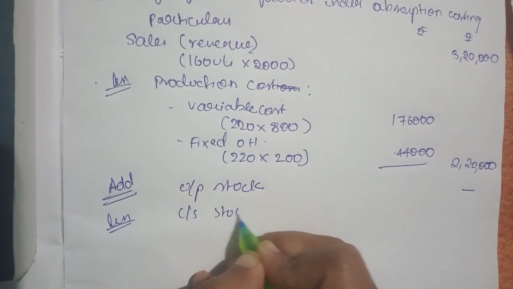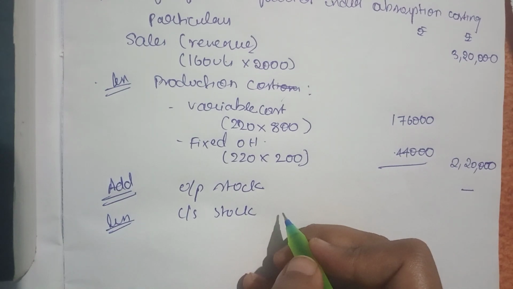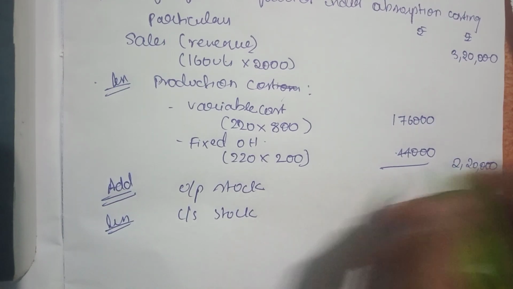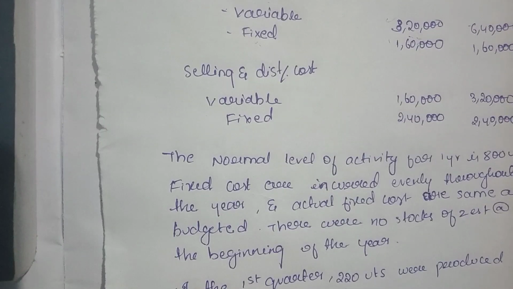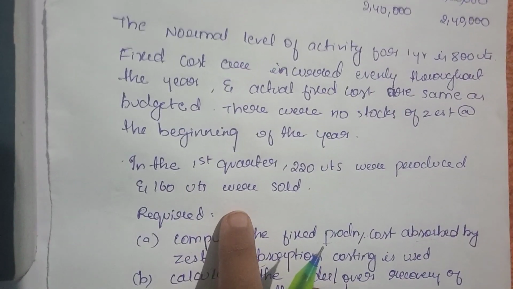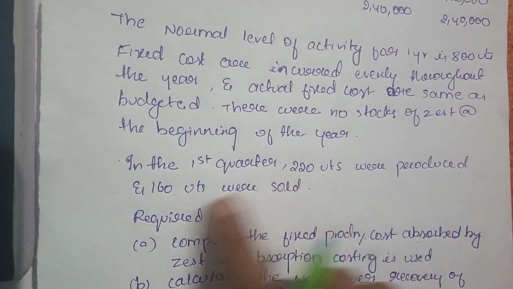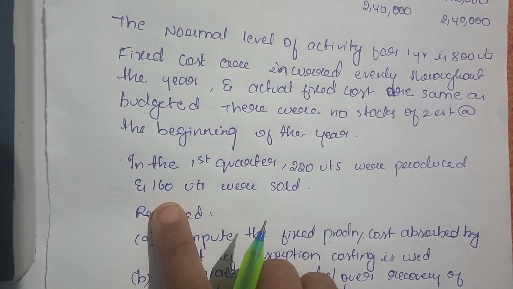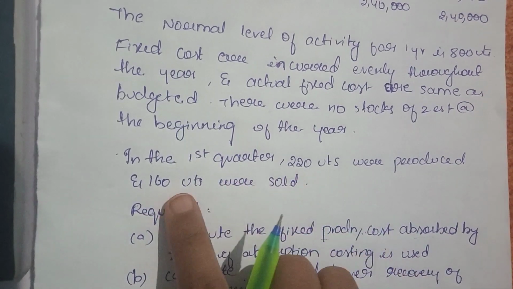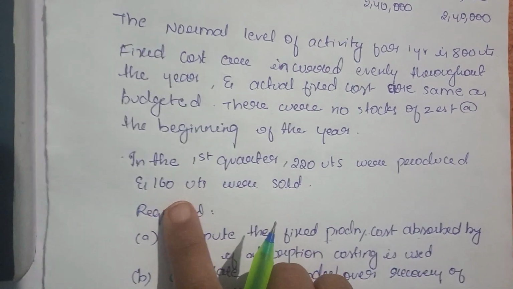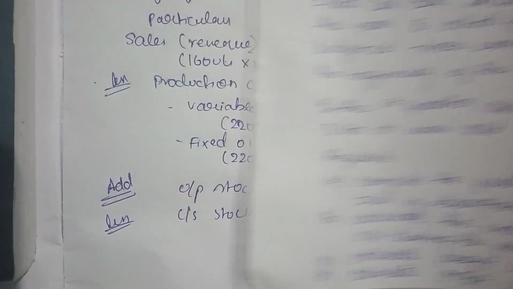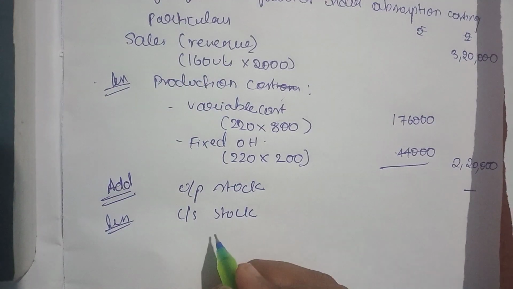Closing stock. To find out the closing stock, first they have given that in this quarter 220 units were produced and 160 units were sold. So the remaining will be 220 minus 160, that is 60 units. So 60 units will be the closing stock units for us.